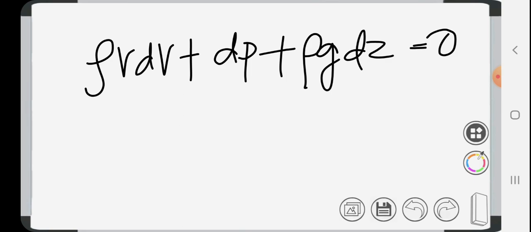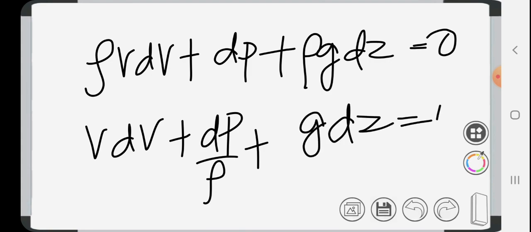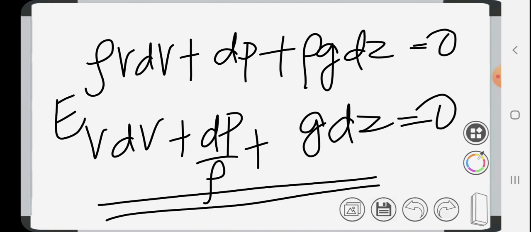Or dividing by rho, we will get v dv plus dp by rho plus g dz equal to 0, right? So this equation is known as Euler's equation. Euler's equation.